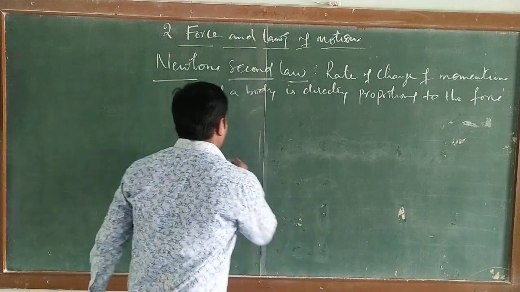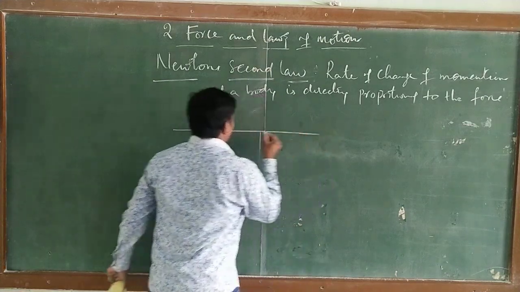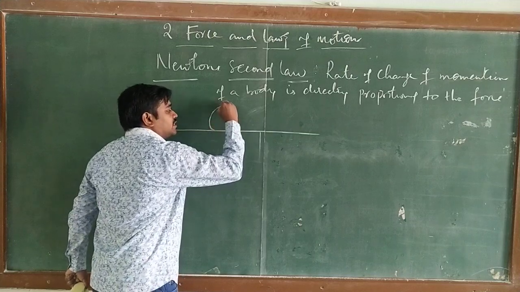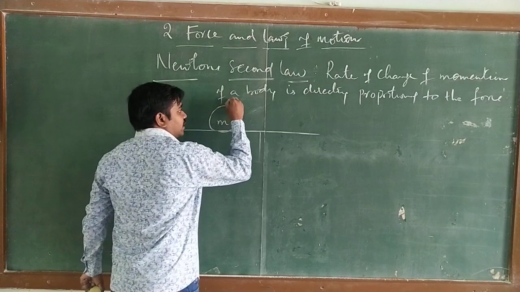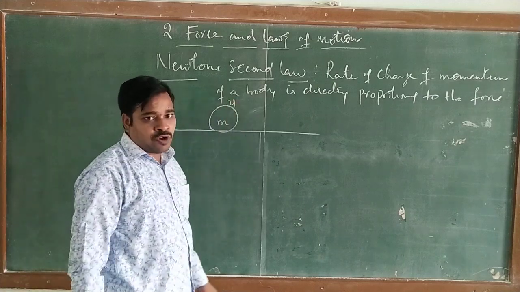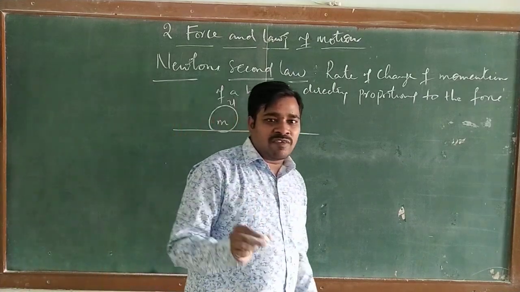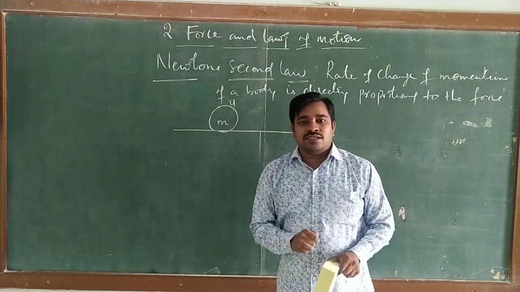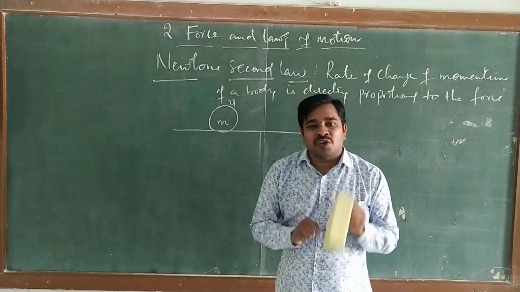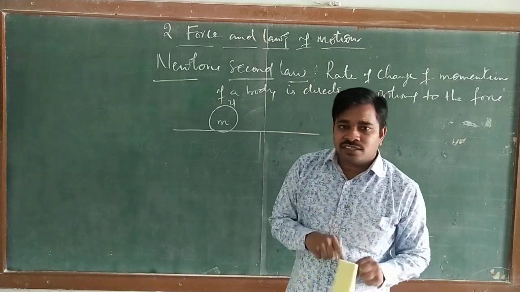For example, consider a body of mass m, and it has an initial velocity. You already know the letter we use to represent initial velocity is u. Remember one thing: any body at rest has zero momentum, because the initial velocity is zero.